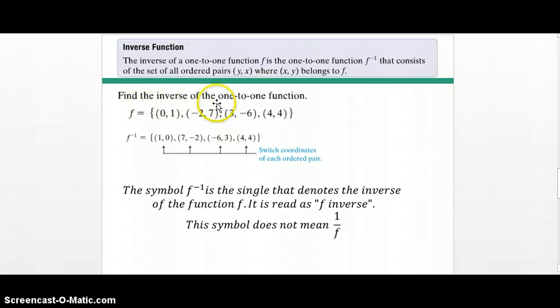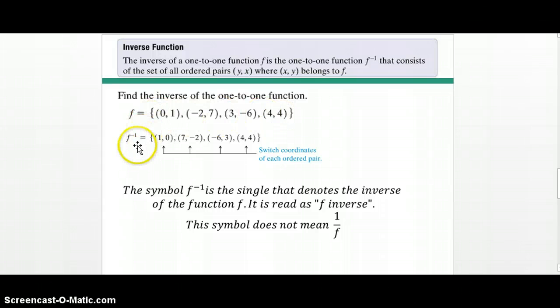Find the inverse of the one-to-one function. See here, the function f has ordered pairs (0, 1), (-2, 7), (3, -6), (4, 4).